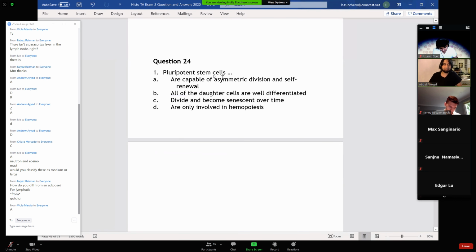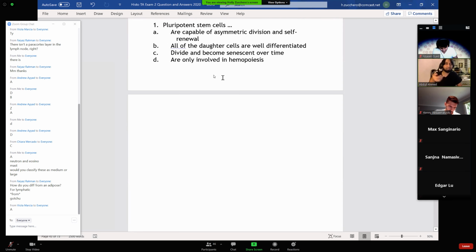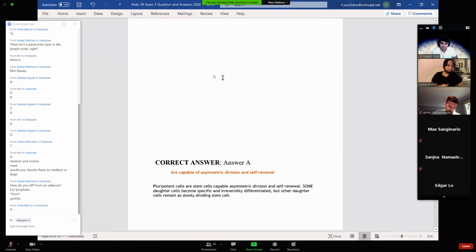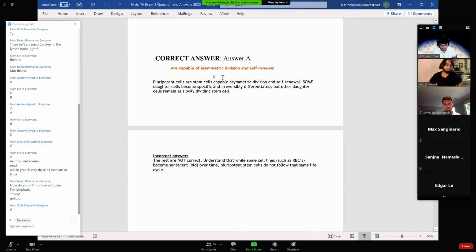Those are the stem cells that we have as an embryo. Pluripotent cells usually undergo asymmetric division. You want to make sure that your body is maintaining its stem cells, but also producing other cells that are going to differentiate later on. That's the major thing you should know about pluripotent stem cells. Let's go to the next question.